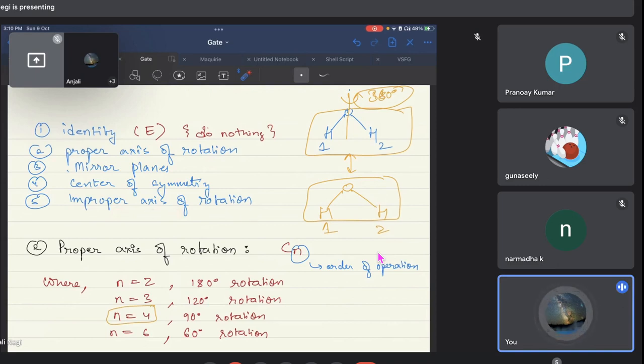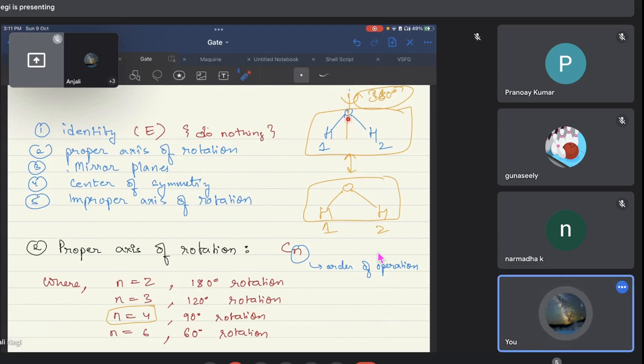For identity, you can denote it as capital E, and keep in mind that identity means doing nothing. For example, take this water molecule, and an axis passing through the oxygen atom, dividing the angle HOH and bisecting it.